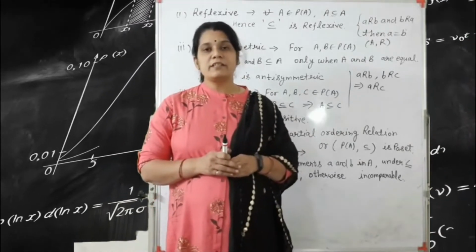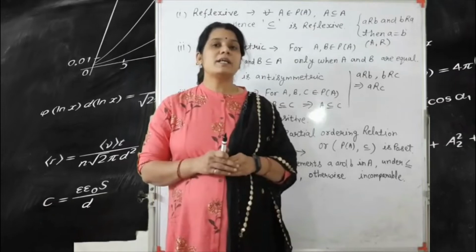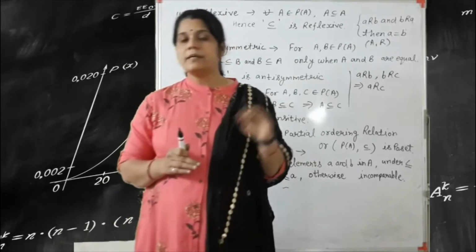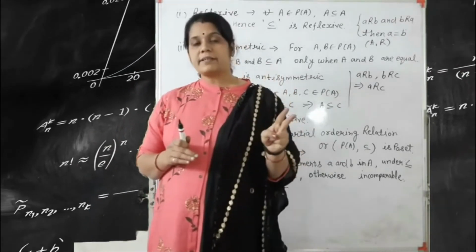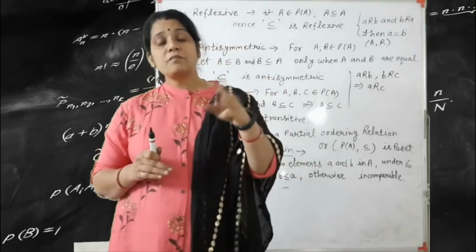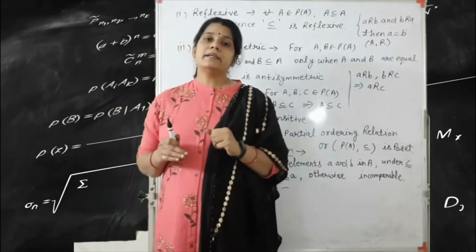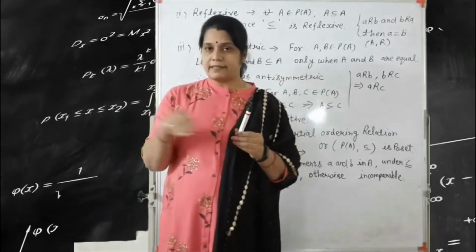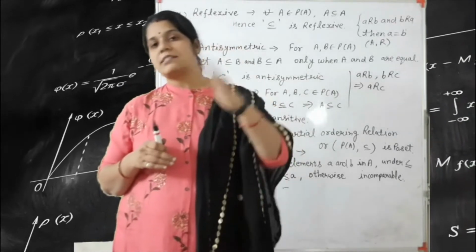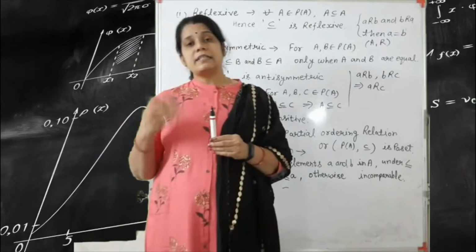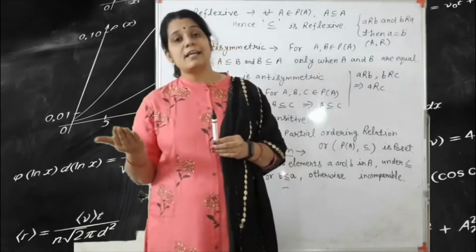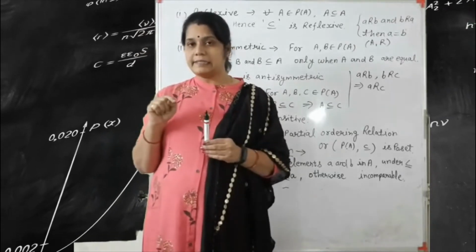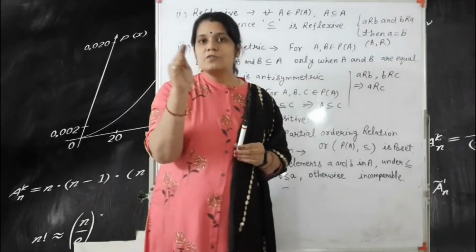This is very important because for the Hasse diagram you consider three properties: reflexive, antisymmetric and transitivity. First we draw the diagram according to the reflexive and transitivity properties, and after that, for finding the Hasse diagram, we remove all the self loops and all the transitive arcs.